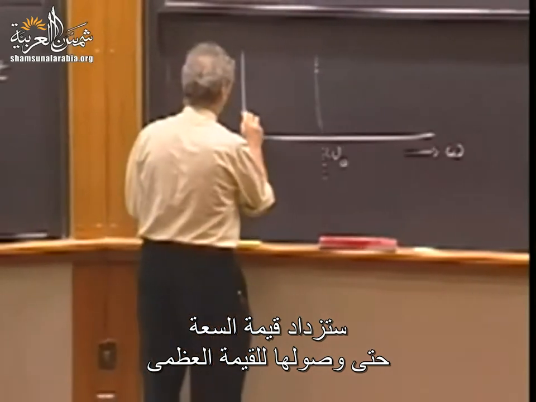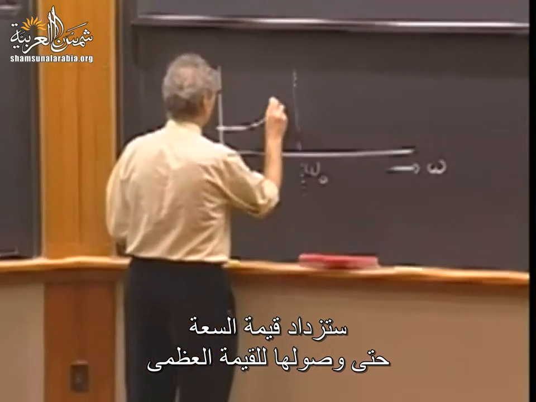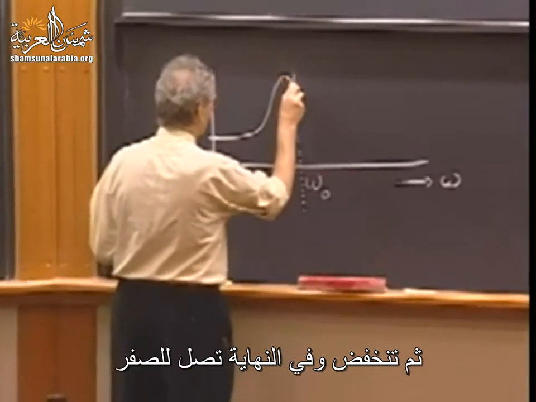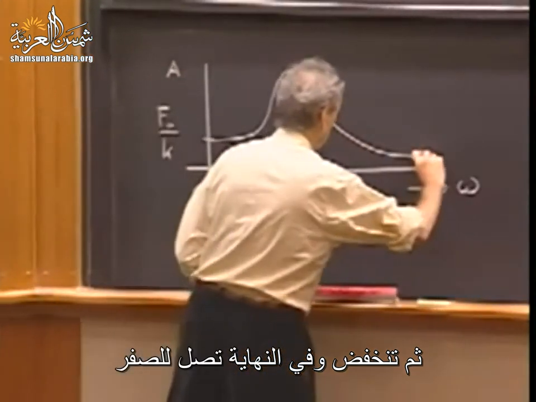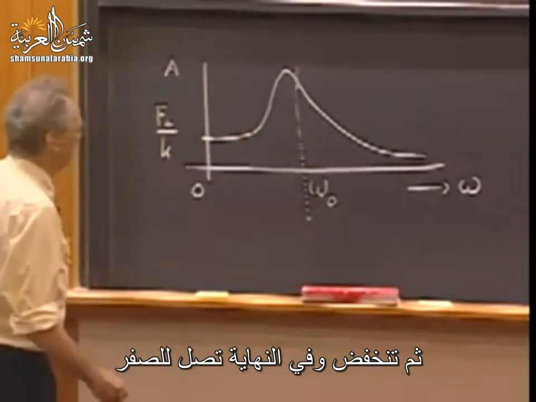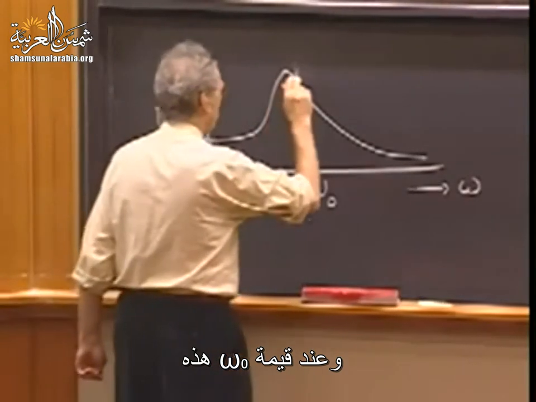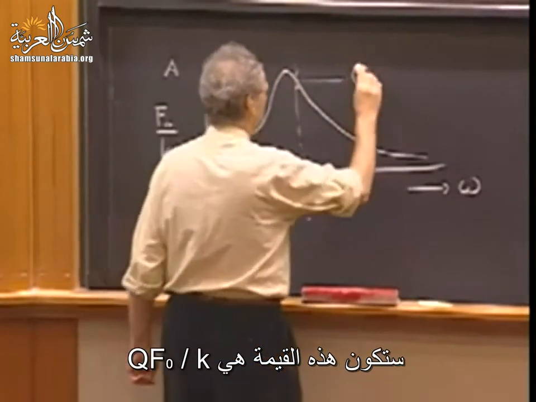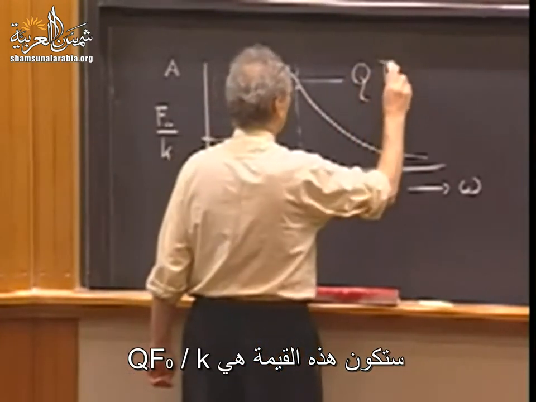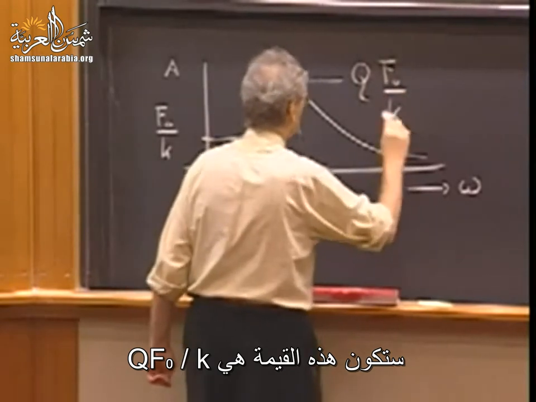And then the amplitude will build up, go through a maximum, goes down, and ultimately goes to 0. And at this value, omega 0, this value is Q times F0 divided by K.